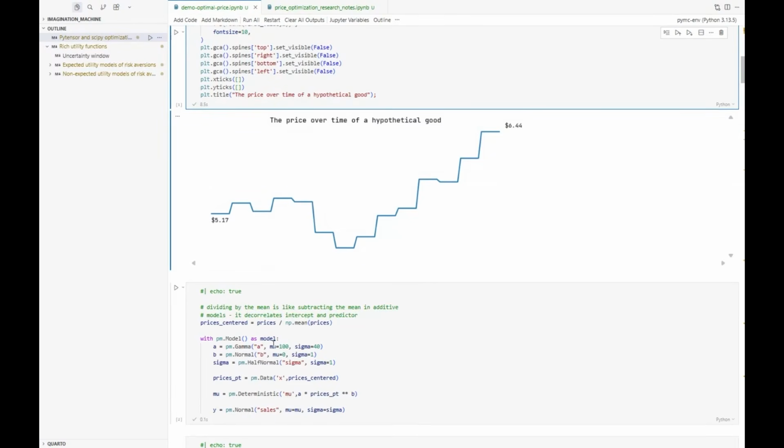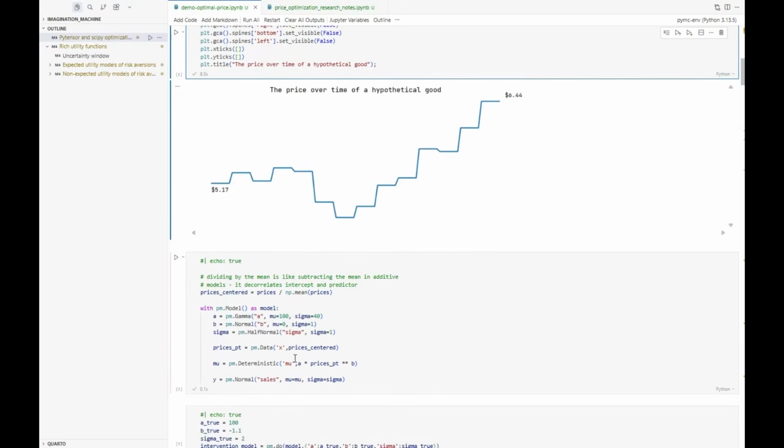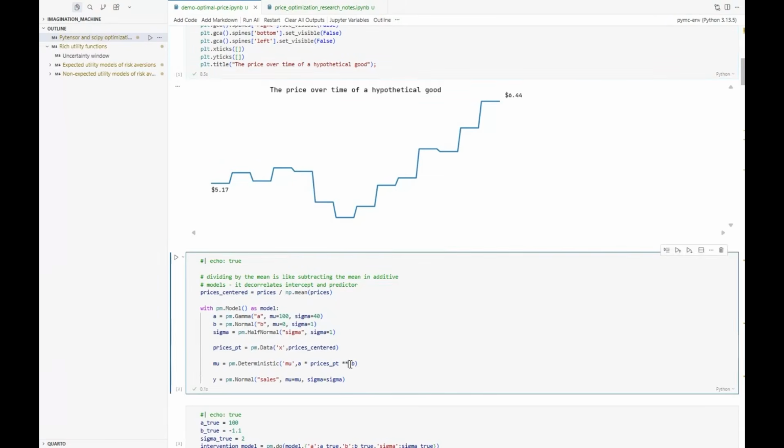And the particular function we're going to use to represent sales as a response to price is just some baseline level of sales times a multiplier. And the multiplier is the current price raised to some power. And this power is called the elasticity.